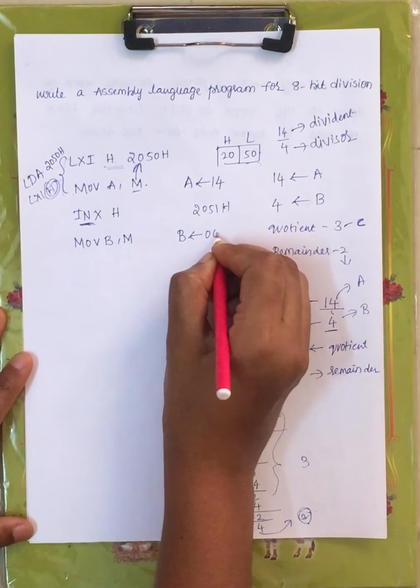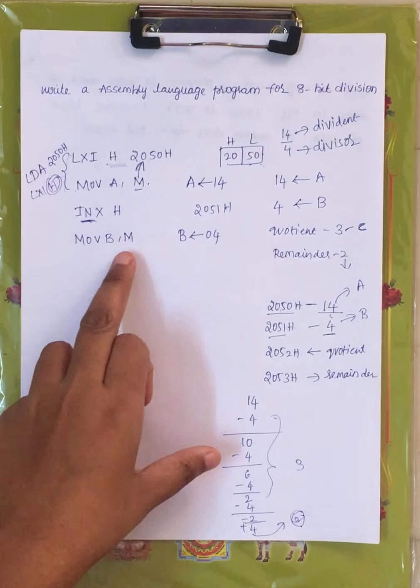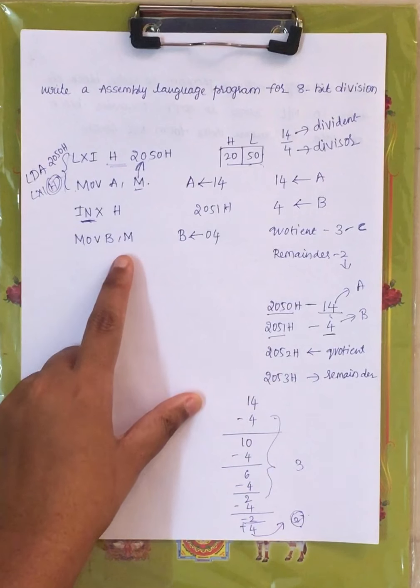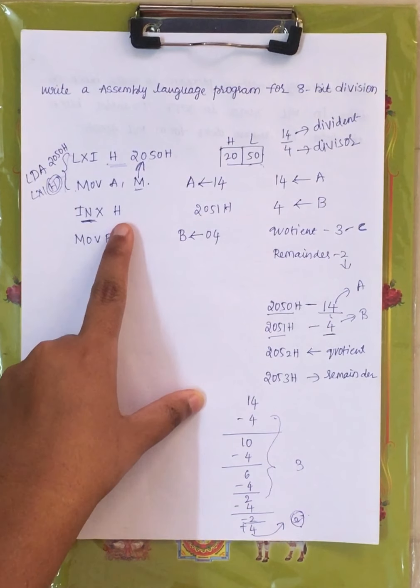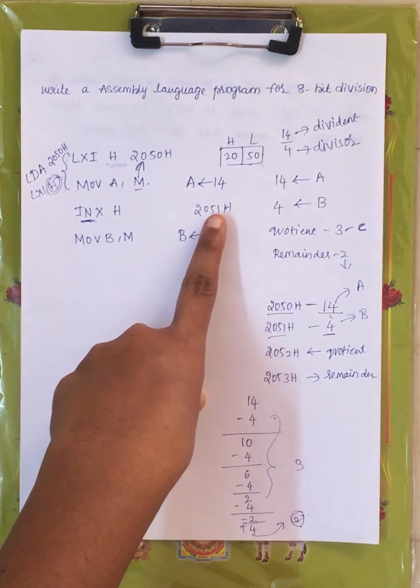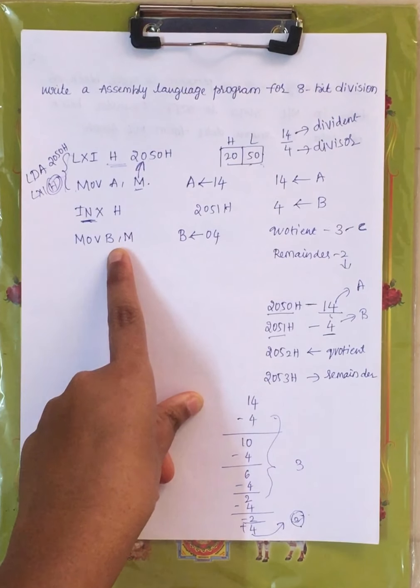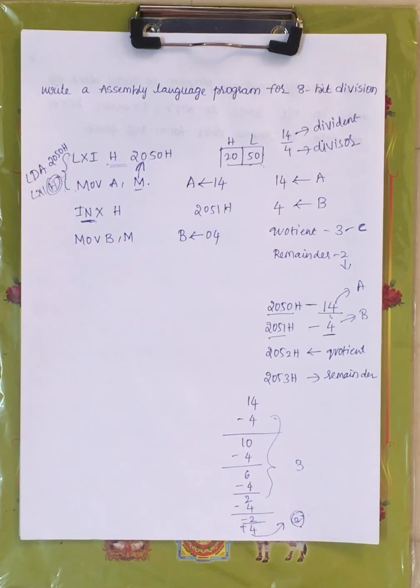We are incrementing H, then MOV B, M. What is M? The memory pointer, pointing to the HL register pair, which is storing 2051H. What is the data present under 2051H? That is moved to the B register. This is the operation of MOV B, M.